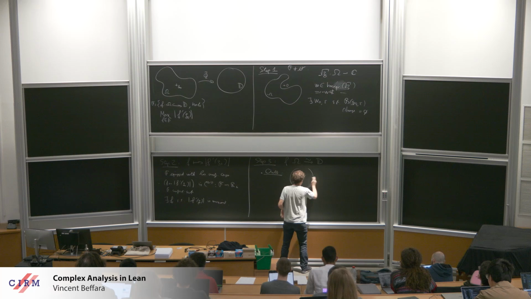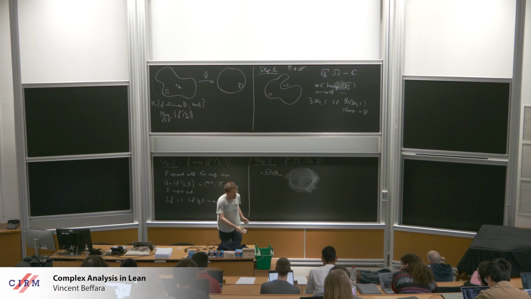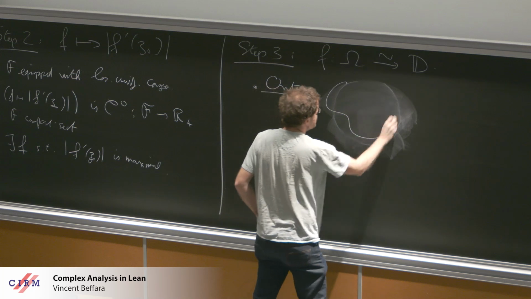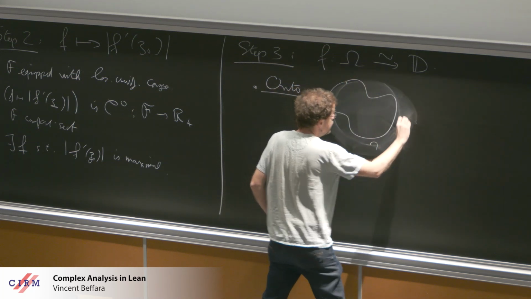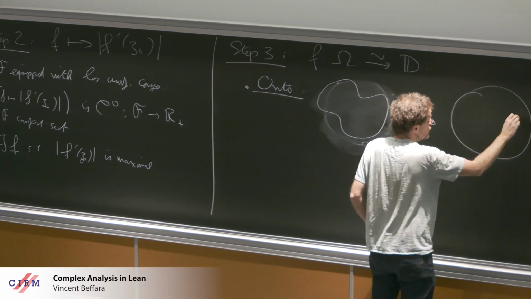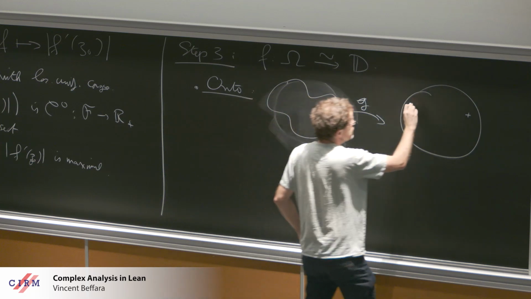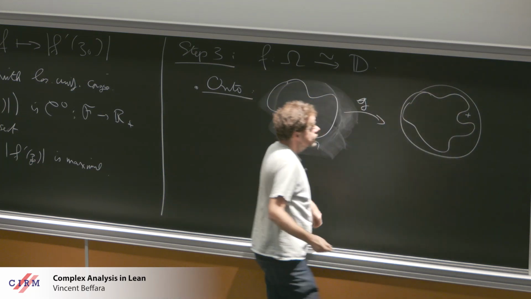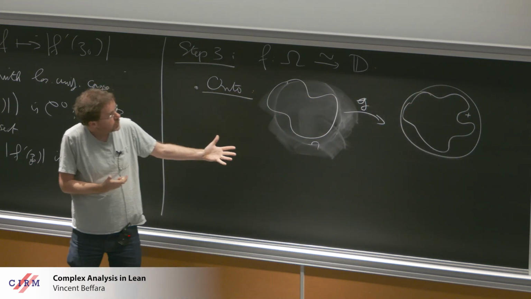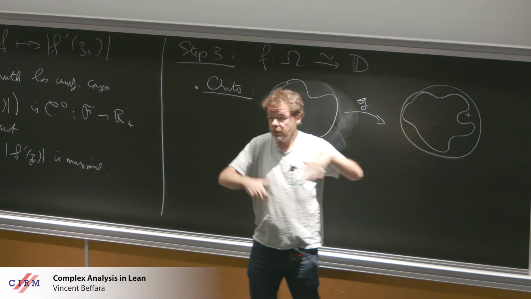So here is one way to do it. Again, this is very classical, but I want to have the whole argument to see where the formalization is going to be tricky. So this is omega. Take a function g, which maps into the unit disk, but you assume that there is a point that is not in the image. So the image is something like that. And then you do a similar trick as this one. You map this point to the origin by a Möbius map.